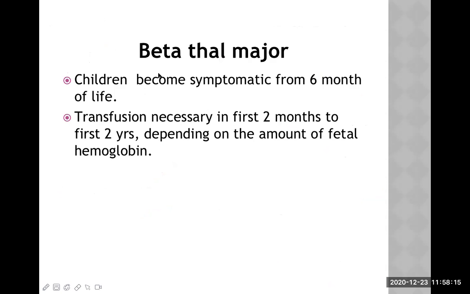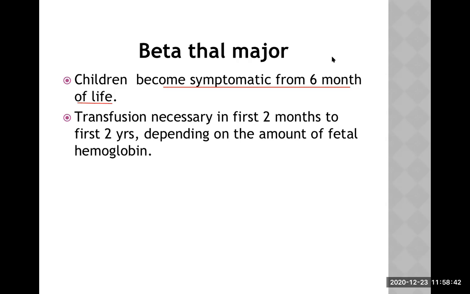Now, beta thalassemia major children become symptomatic from 6 months of life only. They do not manifest before that. What is the reason? Anyone? Because of hemoglobin F, sir. In early life, hemoglobin F is present. Excellent, very good and precise answer, and that is the correct one.